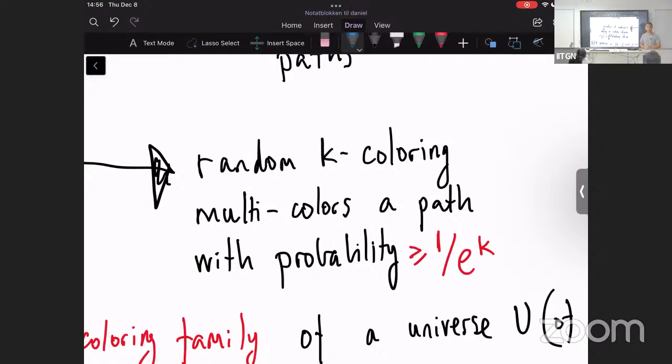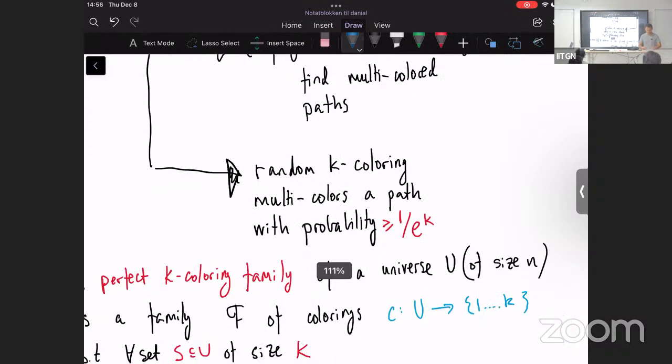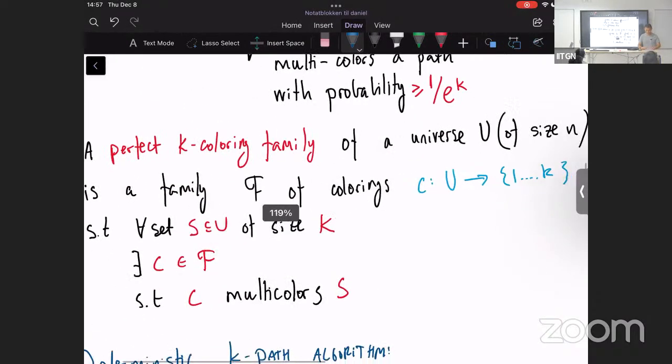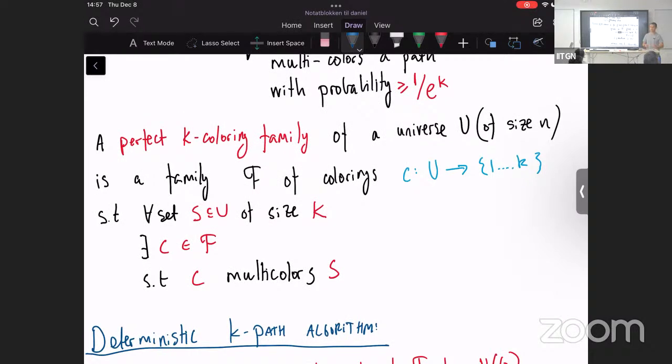You think about this for a little bit, and you can come up with a wish list, like some sort of dream theorem: what if I could do this, then I would be able to avoid the randomness. And here is a fairly reasonable specification for a dream object. I'm going to say that a perfect k-coloring family of a universe U, so think of the universe as the vertex set of your graph, is a family of colorings.